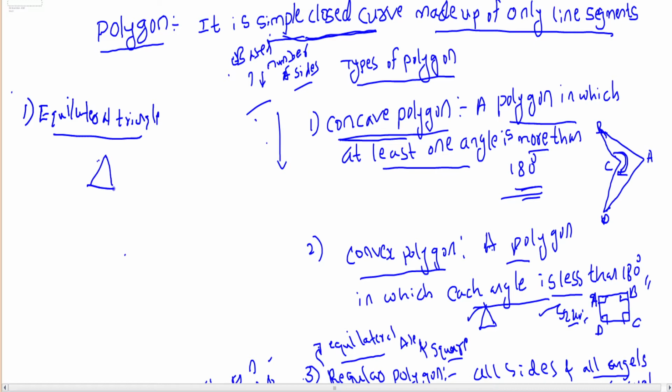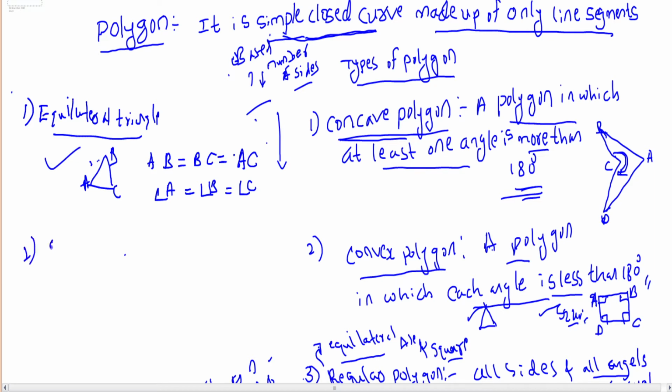In the equilateral triangle ABC, AB is equal to BC is equal to AC, and angle A is equal to angle B is equal to angle C. This is called a regular polygon.